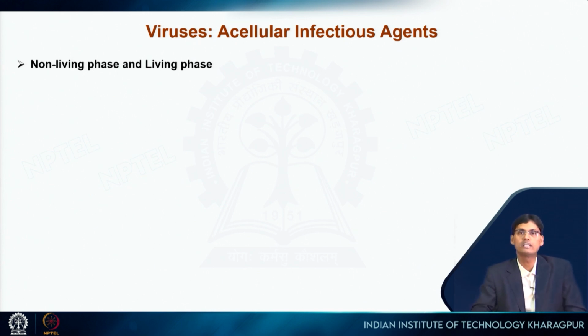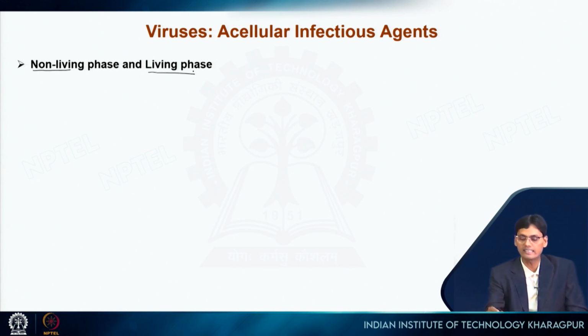So viruses are acellular infectious agents. They have two phases, one is the non-living and the other one is the living phase. Because viruses are not cells, they are not truly organisms. Sometimes when we talk, we mention it that way, but strictly speaking, viruses are acellular.